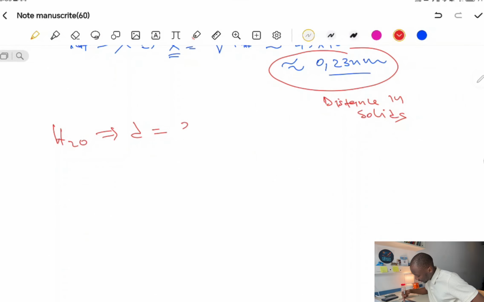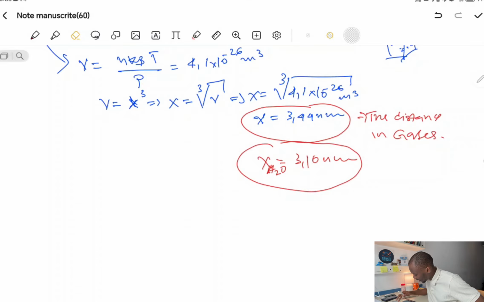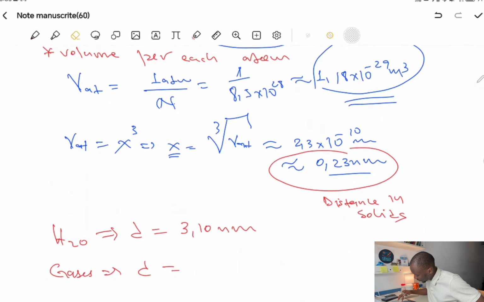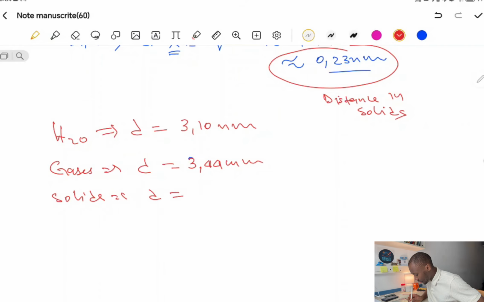Let's say 310 nanometers, and in gases, perfect gas, the distance is equivalent to 3.44 nanometers. And in solids that distance is equivalent to 0.23 nanometers. Okay, which intuitively we can find is true.